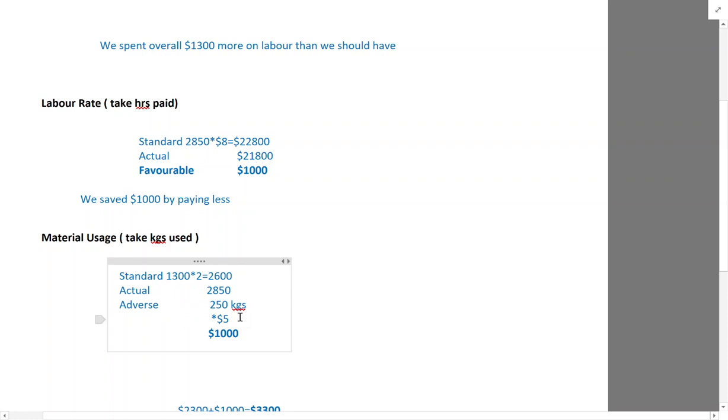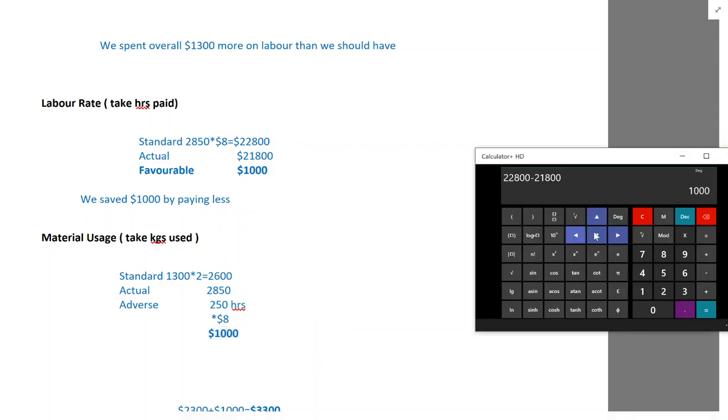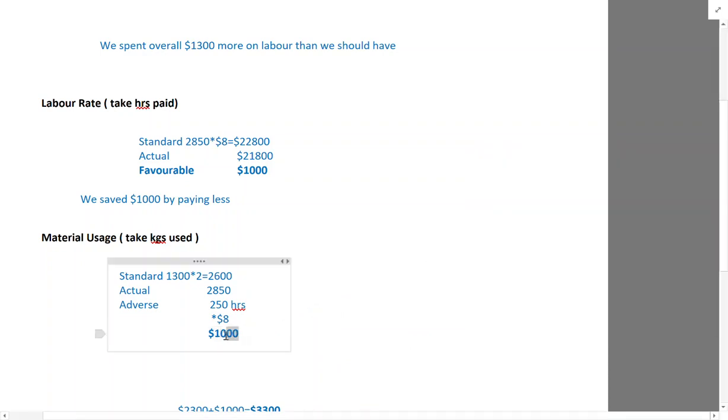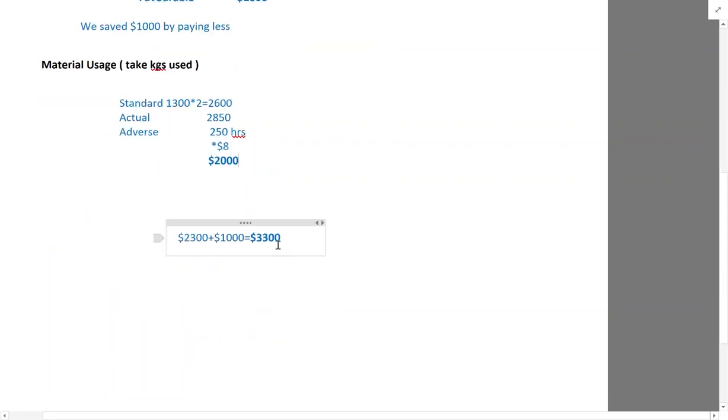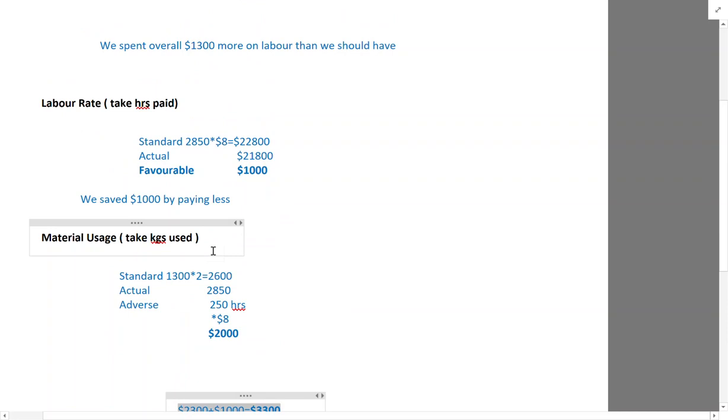But this is in terms of hours. Okay, multiply by 8. So 250 multiplied by 8, 2000. So 2000 adverse. So it doesn't balance. It is not correct.